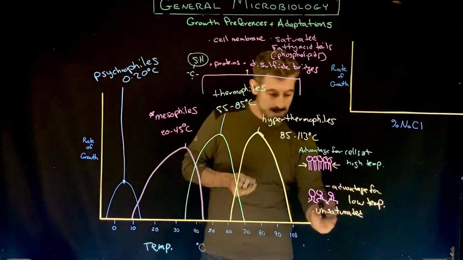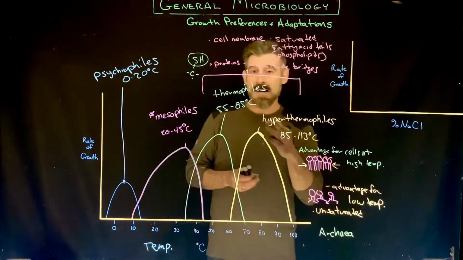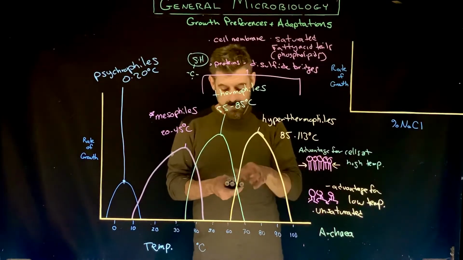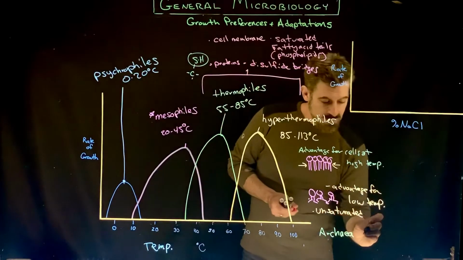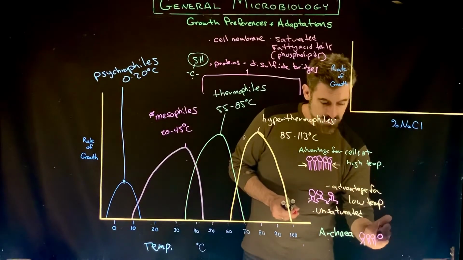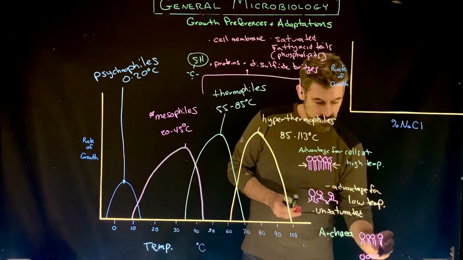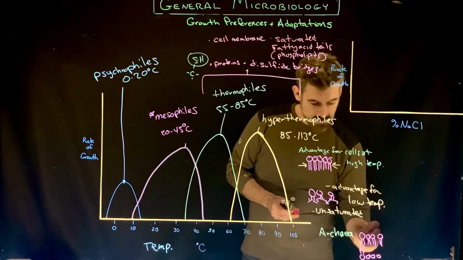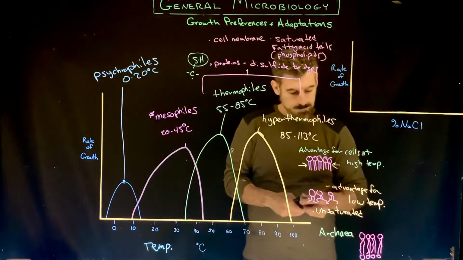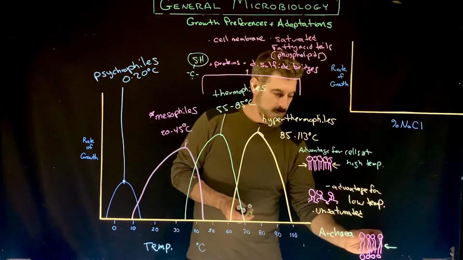For archaea, not all of them live at high temperatures, so don't mistakenly think that, but they have slightly different chemistry to their phospholipids, and especially for the ones at high temperature, there are bonds between the tails.